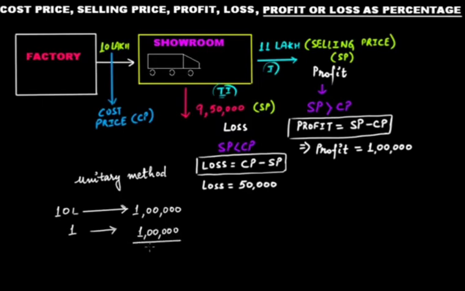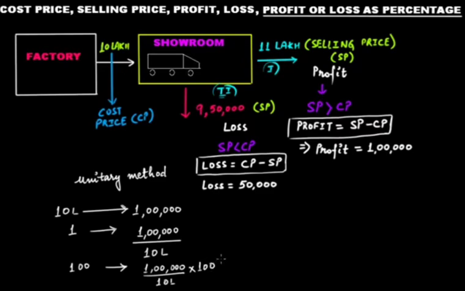divided by 10 lakh, and for 100, if your cost price is 100, this will be 1 lakh divided by 10 lakh times 100.